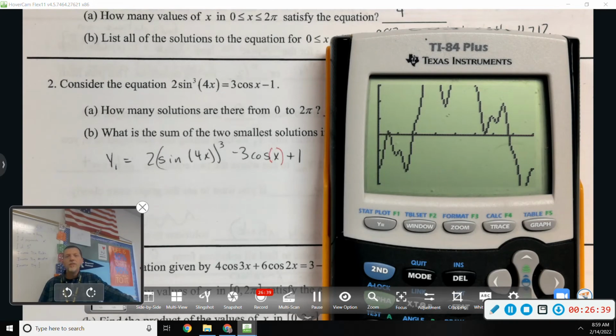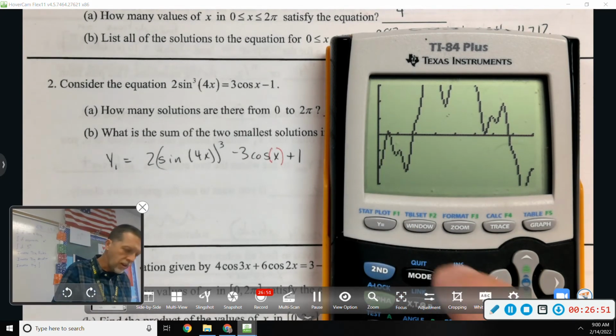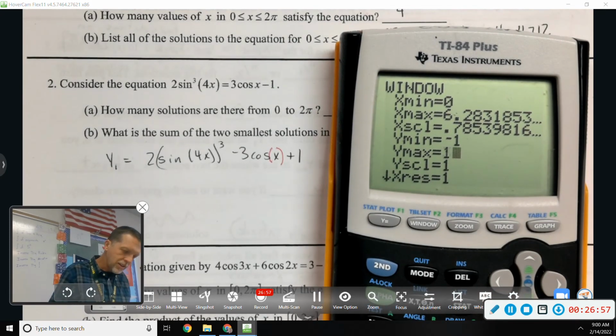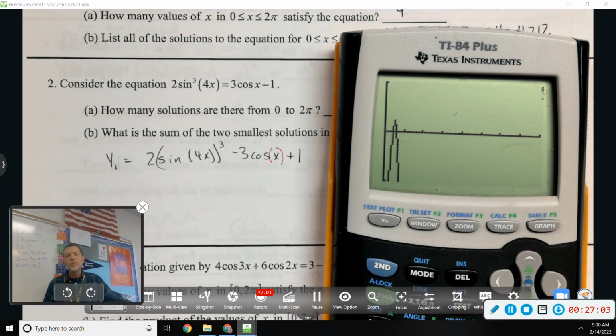And if you wanted to see the top, you'd have to expand your window. I don't want to. In fact, I think I want to zoom in a little bit because I need to know if that's one solution or two solutions right there. So instead of seeing the top, I'm going to change my Ymin and Ymax to -1 to 1. It means I won't see the whole graph, but I'll get a much better view of what the solutions are.